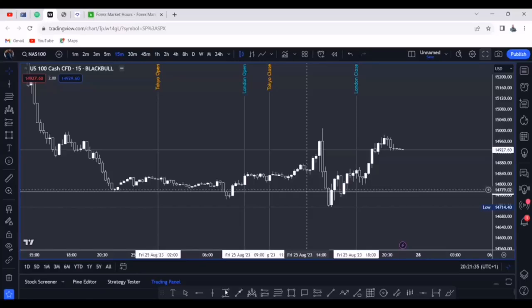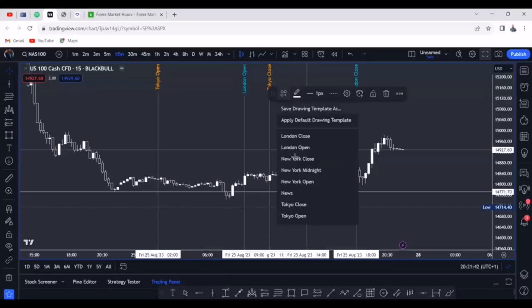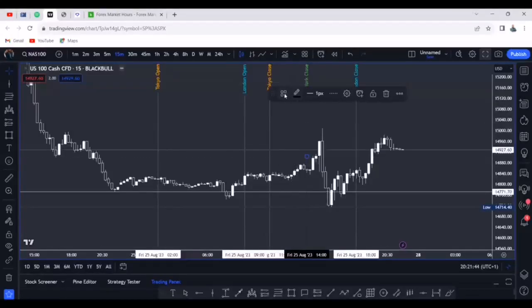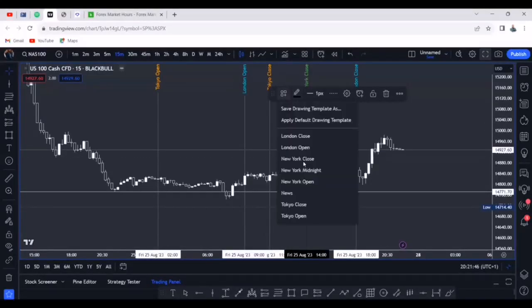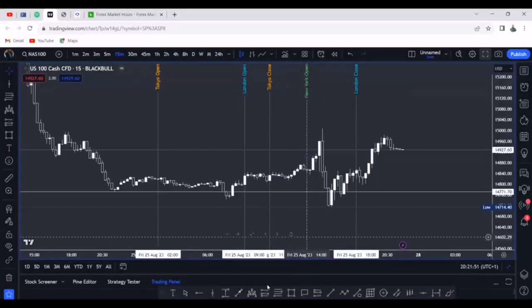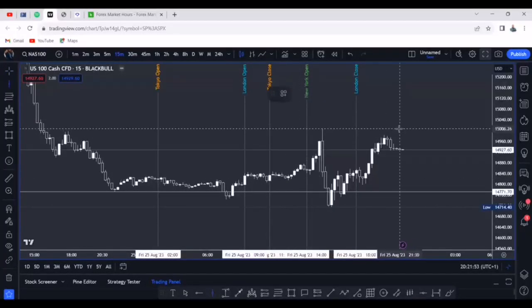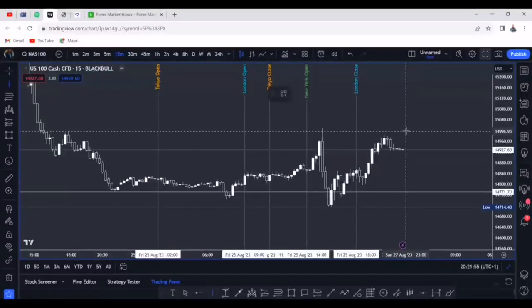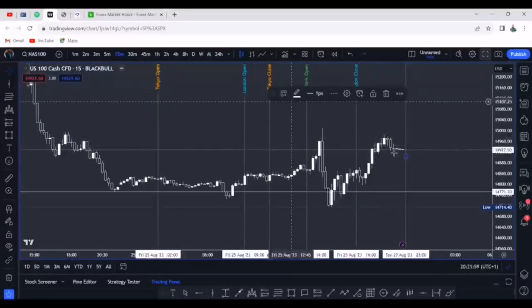So we come back and say 2 p.m., which is over here, South Africa time, which would be the New York open session. And then we have the New York close session, which is over here, 2 to 11.